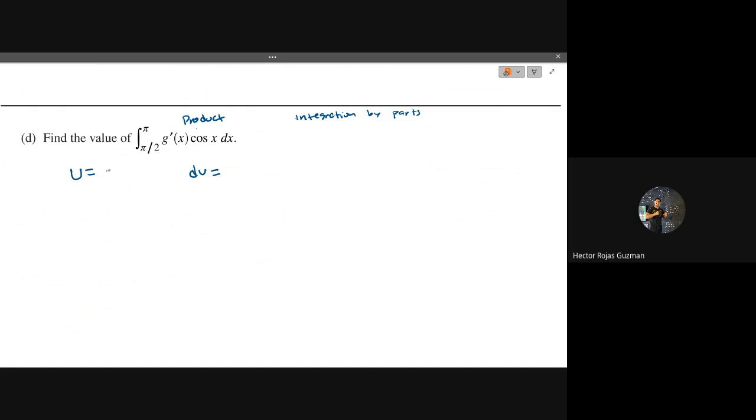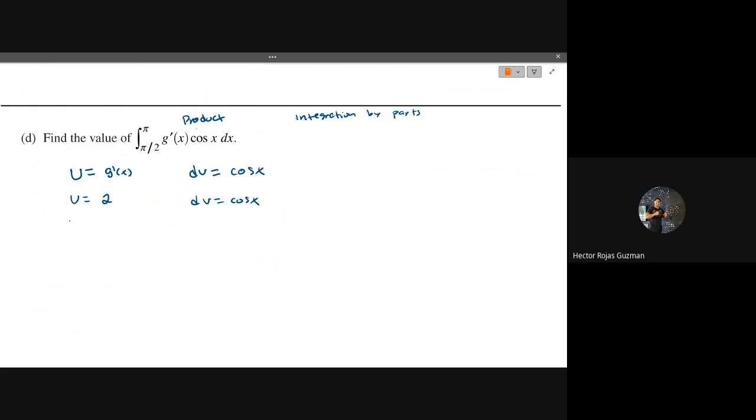But my u is going to be g prime of x, and my dv is going to be cosine of x. I guess maybe I was a little bit wrong. Maybe you do need part A to be able to do this, because g prime of x is 2x. I haven't really done anything with my dv.